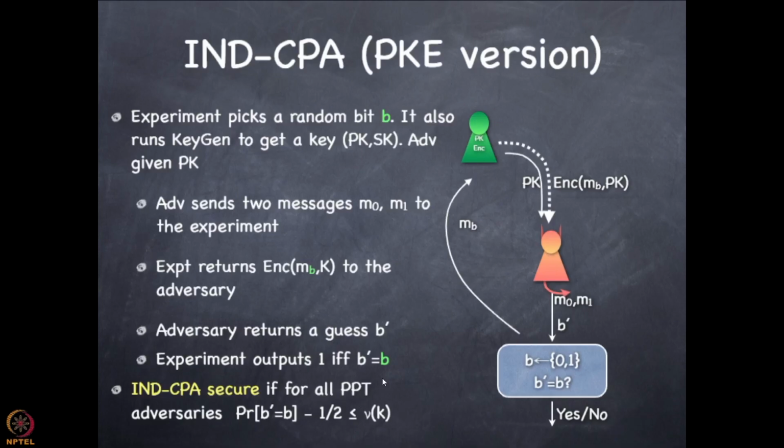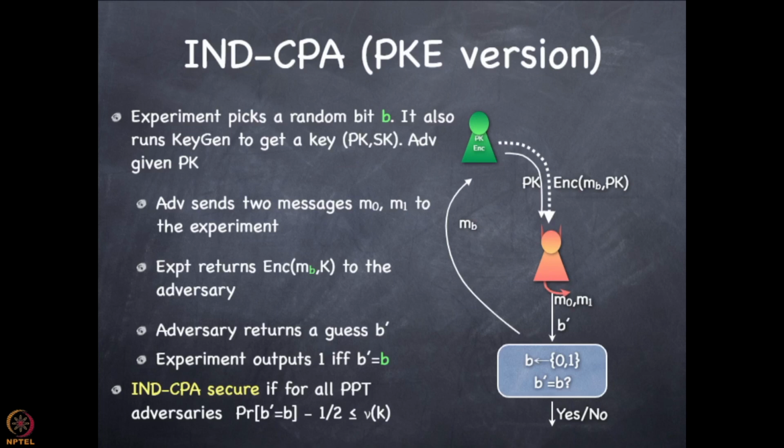I've written here it's less than or equal to nu(k), which I didn't use this notation yesterday, just to say that's a negligible function in k, where k is supposed to be the security parameter, which I've been brushing under the carpet so far. So this is just saying the probability that b prime equals b minus half is very, very small. It's negligible.